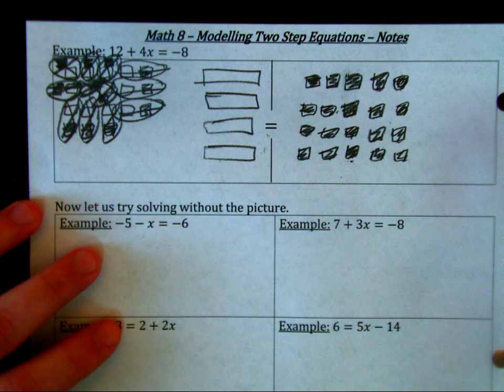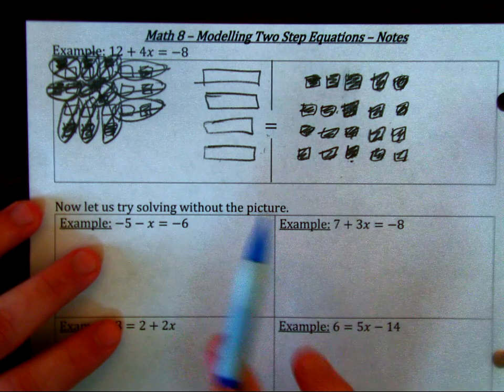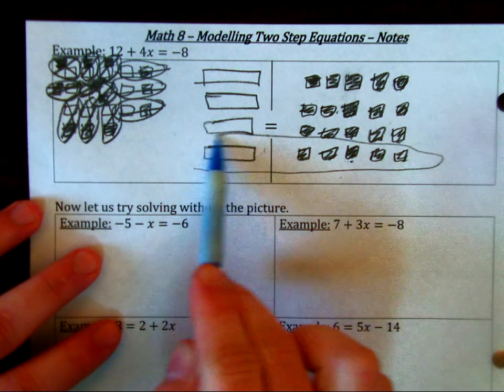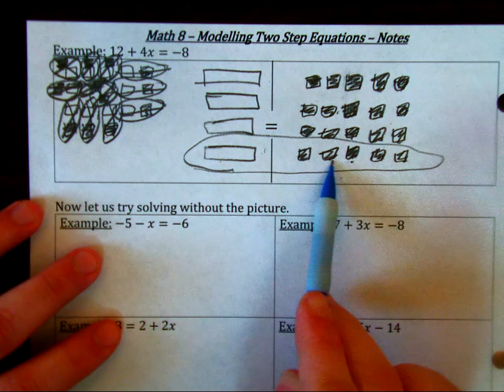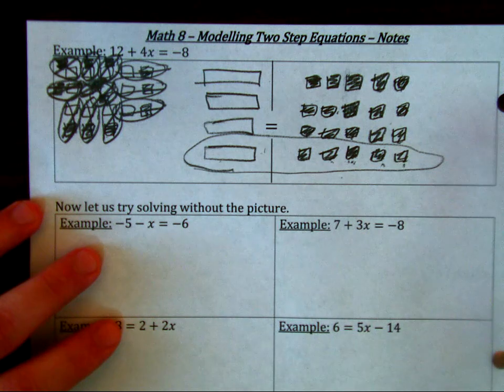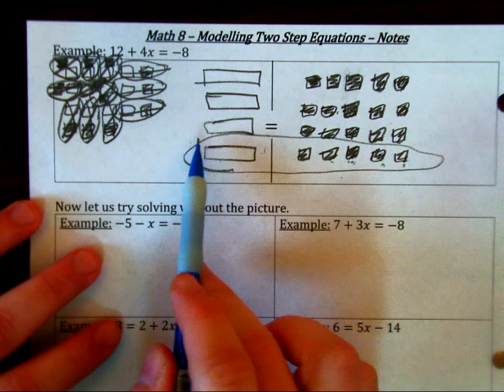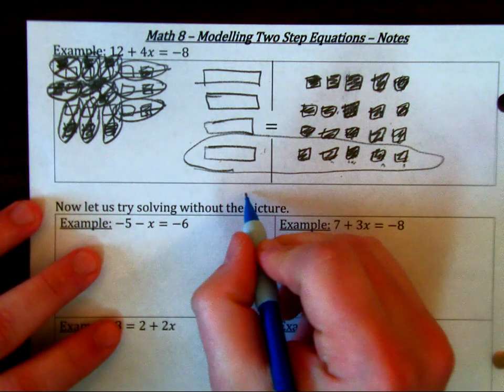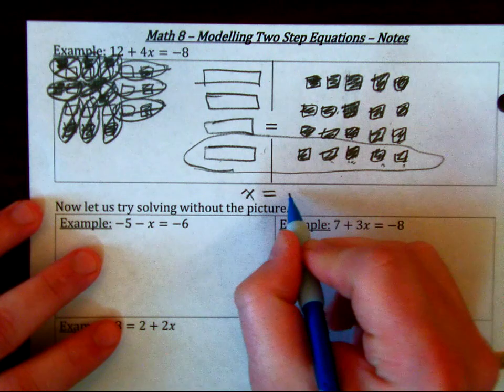So let's see. How much does one of these x's equal? 1, 2, 3, 4, 5. So I have 5 negatives. That means that 4x equals negative 20, or we could say 1x equals negative 5.